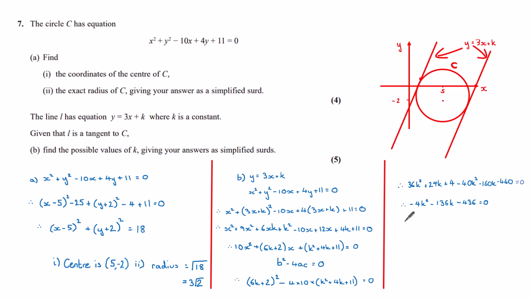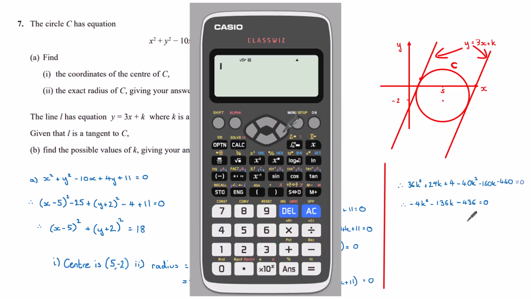Now I'll show you how to find this on a calculator right now. So we can look at solving this quadratic on our calculator. So again, if we go to menu, scroll down to equations and functions, we have a polynomial of degree 2.